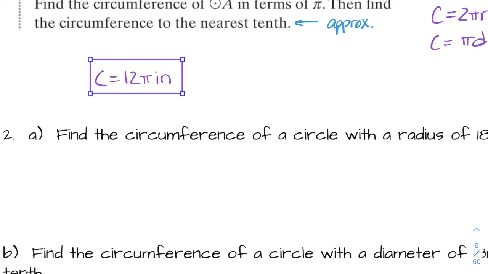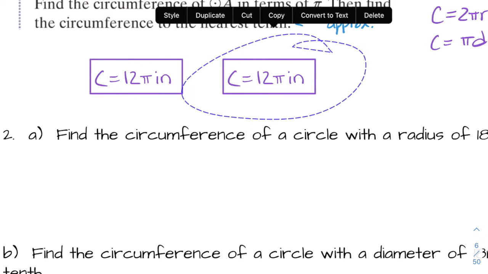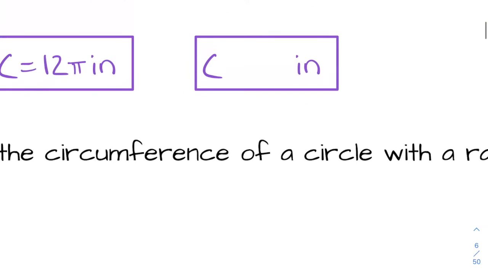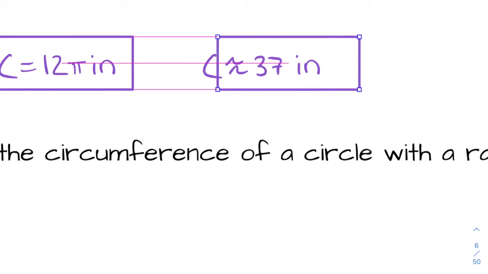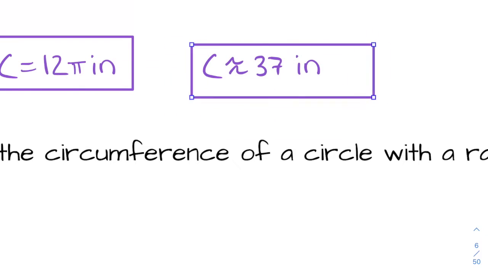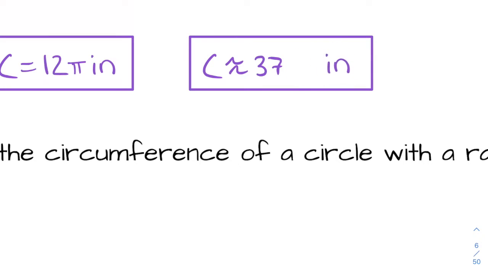And then I also have the circumference to the nearest tenth. I'm going to type 12 pi into my calculator, and I get about 37. It wants me to the nearest tenth, so 37.7.